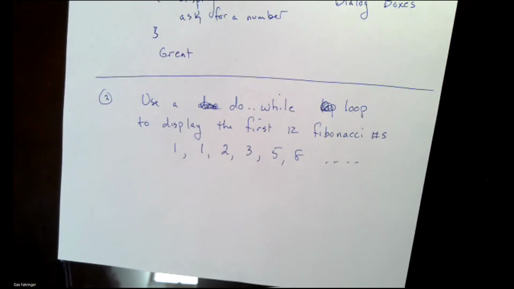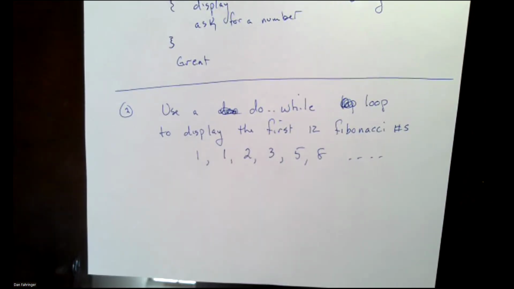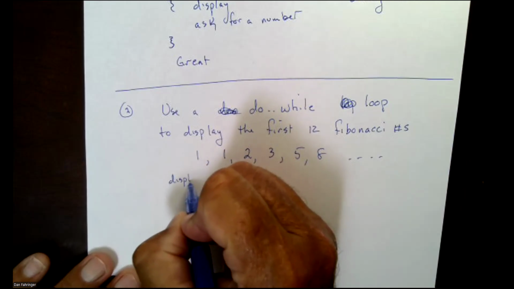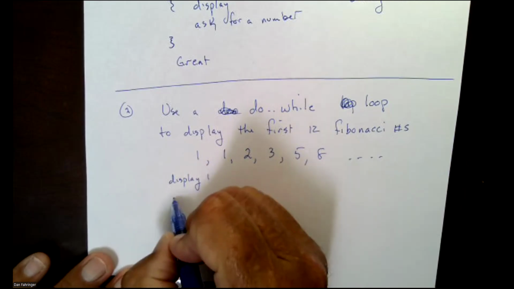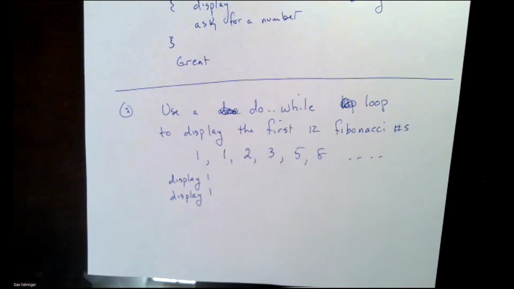All right. Let's see. I know the first number is 1. So I'm going to display 1. Now I'm inside of a loop. Okay. And I need to keep track of these numbers.